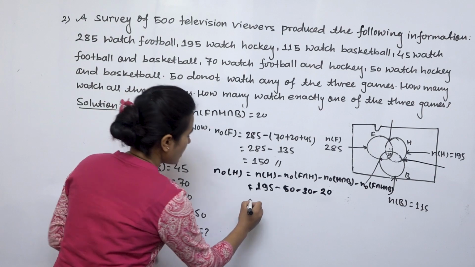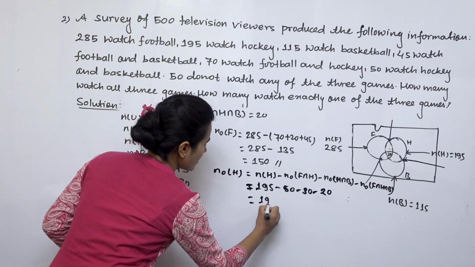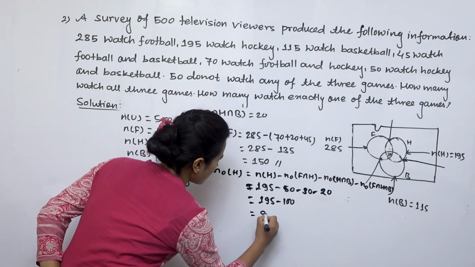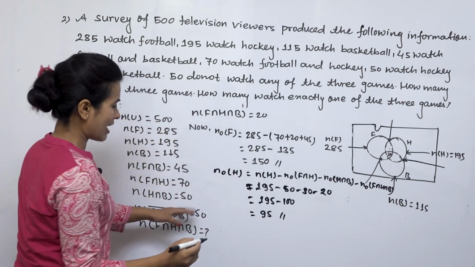So 195 minus 50, 30, 20 is 195 minus 100. So 95 is n(only H).